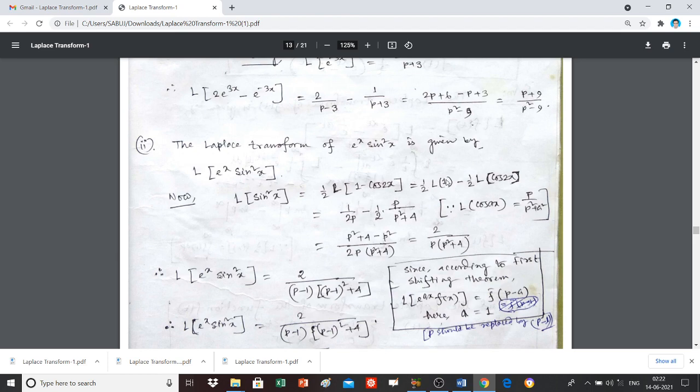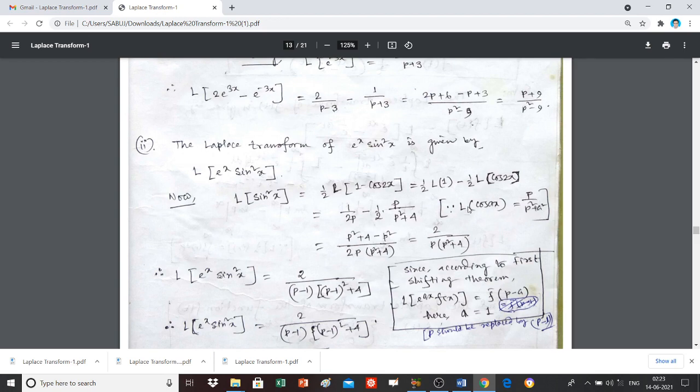You know that the Laplace transform of 1 is equal to 1 by p. So this will result in 1 by 2p, and from here half is there, and you know that the Laplace transform of cos ax is equal to p by p square plus a square.